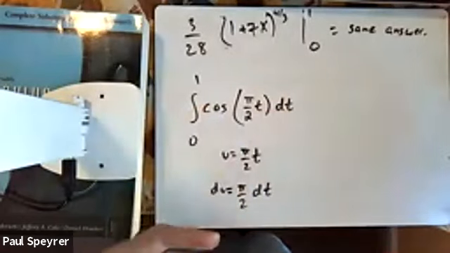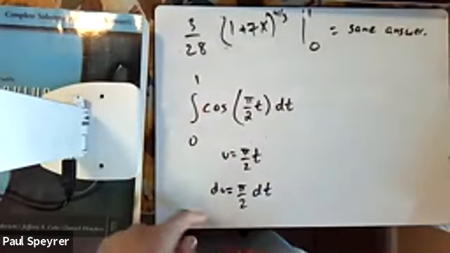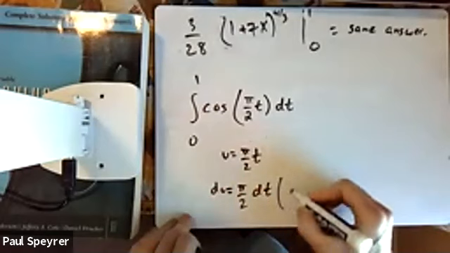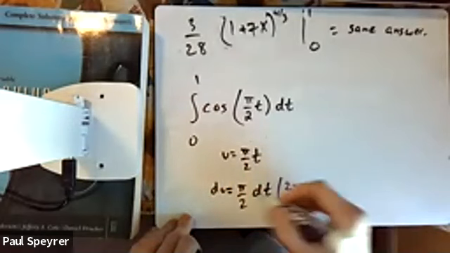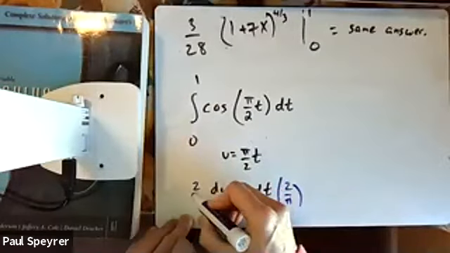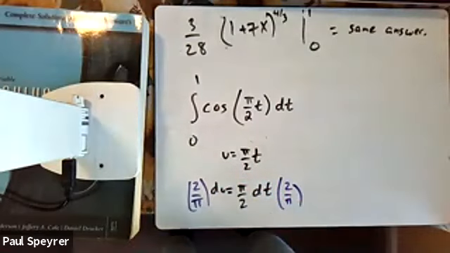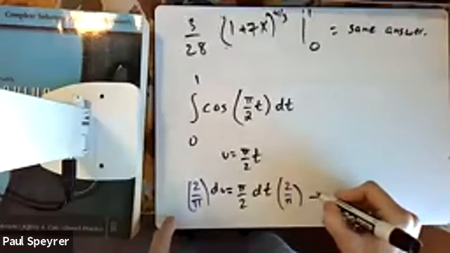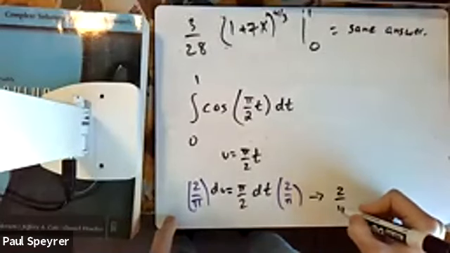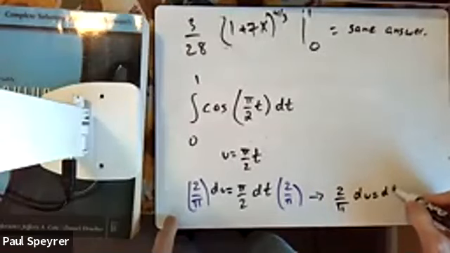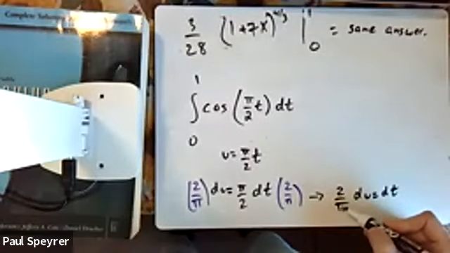So we just move it, right? How do we move that over? You just multiply both sides by the reciprocal of pi over 2, which is 2 over pi. So now we could say, oh, okay, we have 2 over pi du equals dt. So not too bad right there.